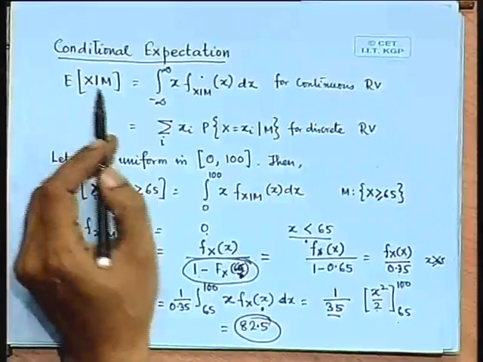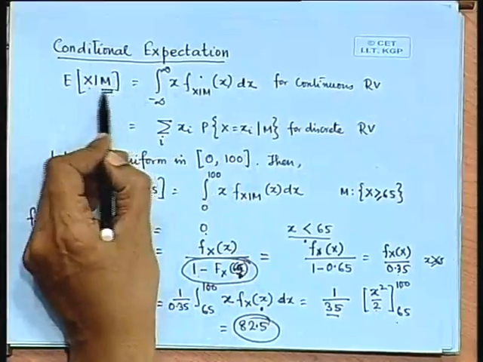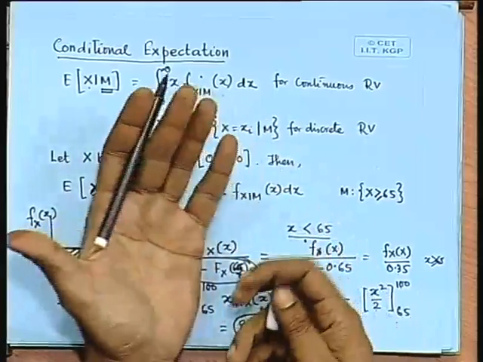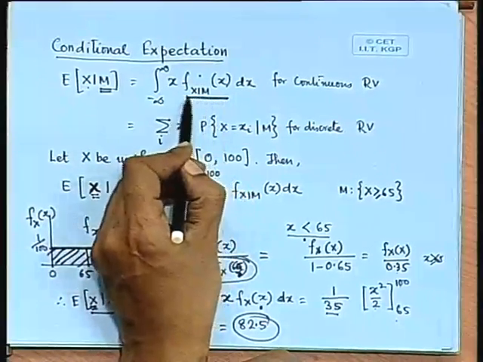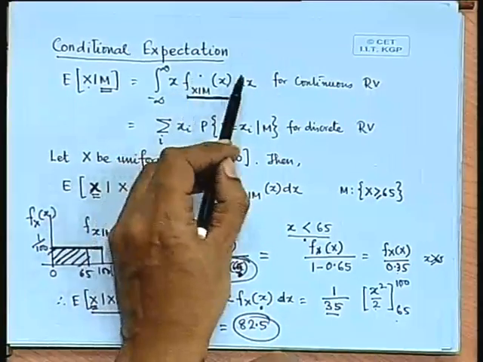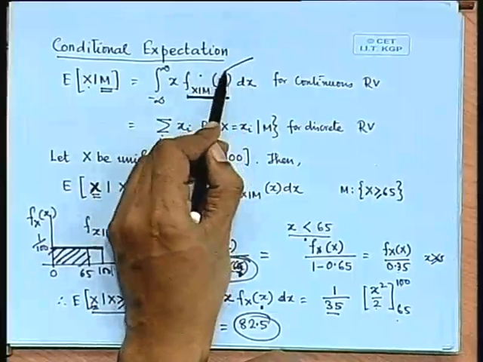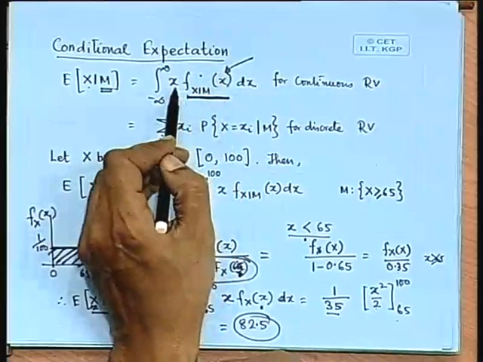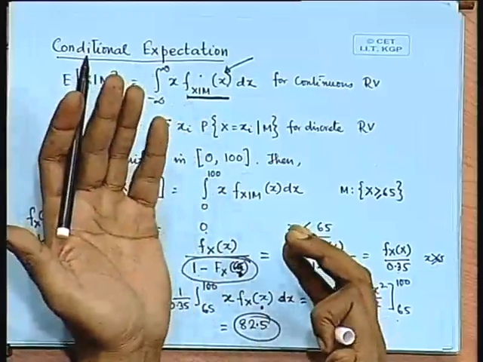Exactly in a similar fashion, what is the expectation of x given an event m, given some information about x through the event m? Obviously it is going to be the conditional density function now. Previously it was the ordinary density function, but now it is going to be x times the conditional density function of x dx, because this indicates the likelihood of x occurring given the information m.